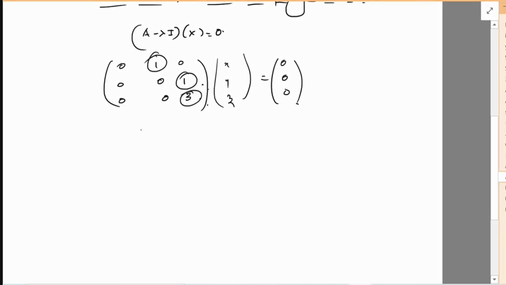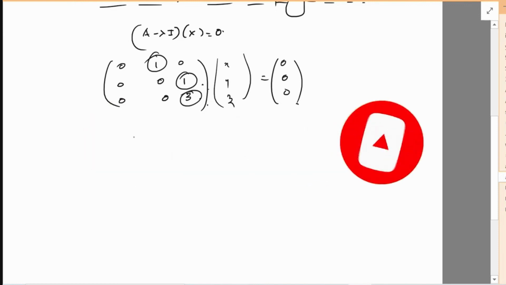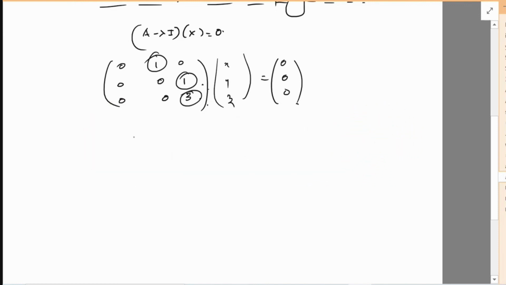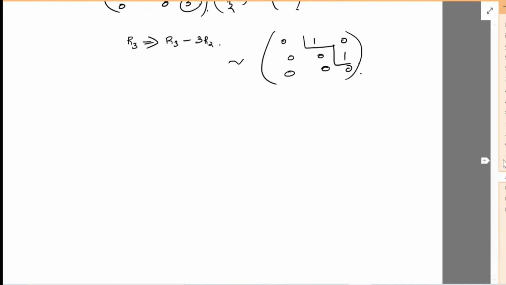What is that operation? R3 becomes R3 minus 3 R2. So it will be 0 1 0, 0 0 1, 0 0 0. Now it is in echelon form.